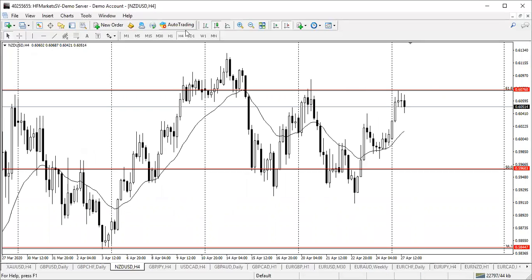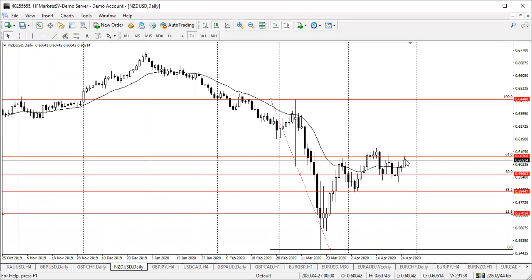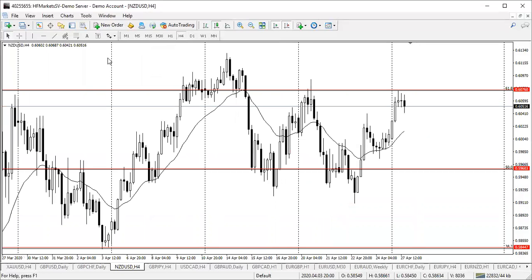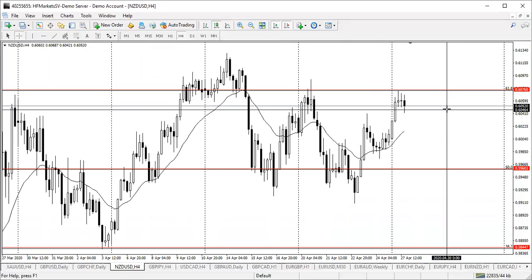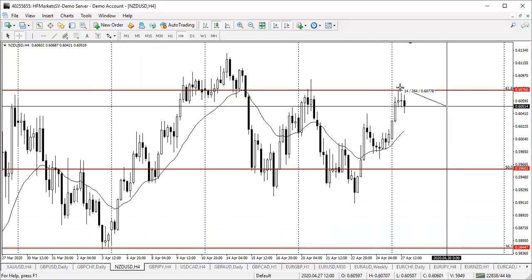Look at what happened. Let me go back to D1. I could have just sold from 61.8 and my TP would be 50.0, or any place earlier if I get my targeted peak before then. One thing I want you to notice in this particular one is that for someone else, this is still a good trade, because your SL can still be 30 pips.